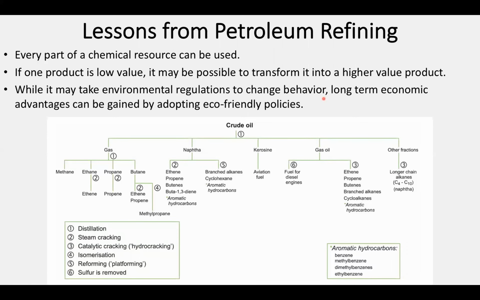But in a similar sense, one of the things I like to comment on is environmental regulation. And one of the biggest demonstrations of this was the change from topping to these conversion plants. Because one of the things that enabled this conversion was essentially the banning of sulfur-rich gasoline.